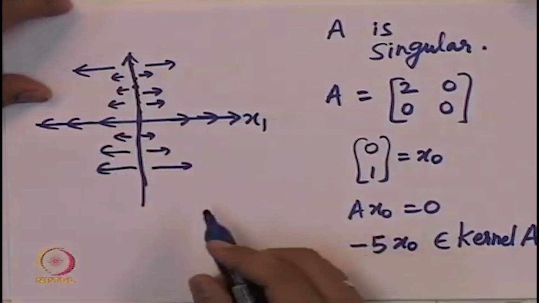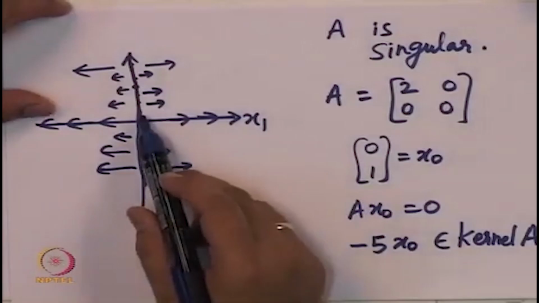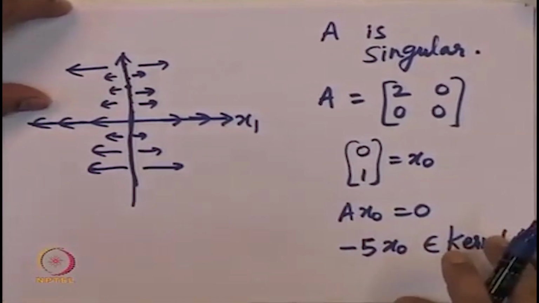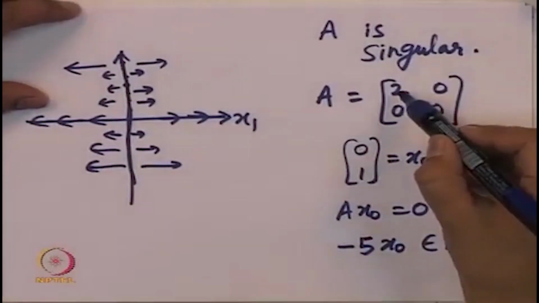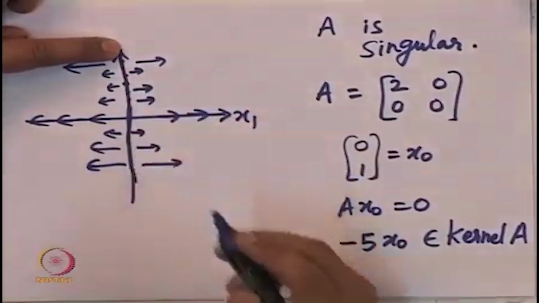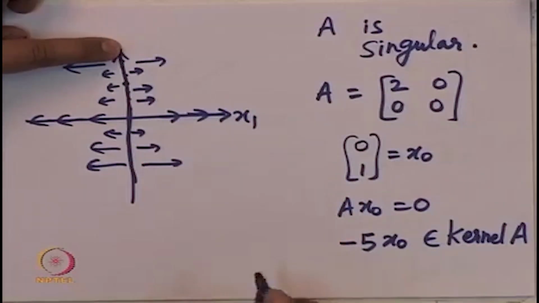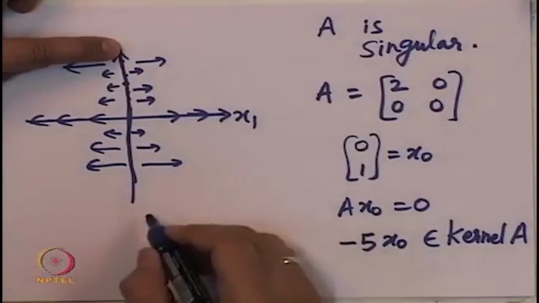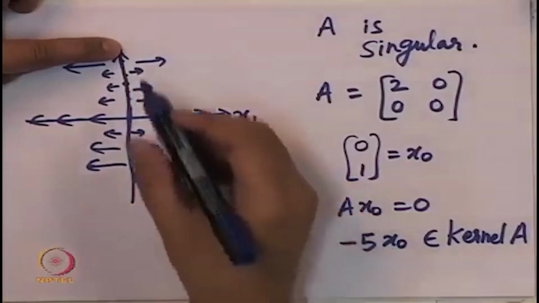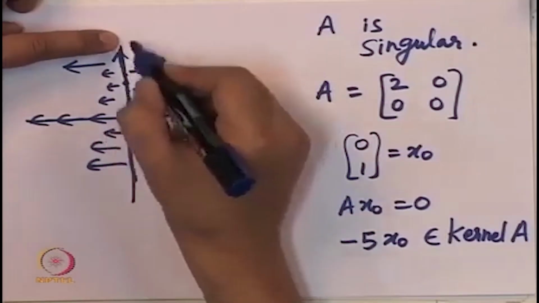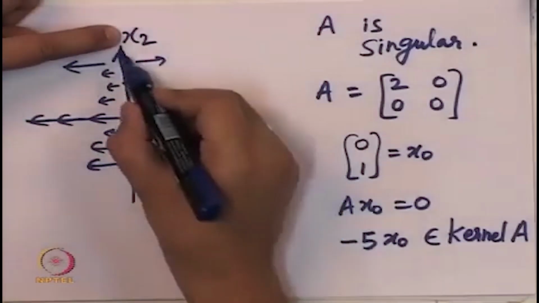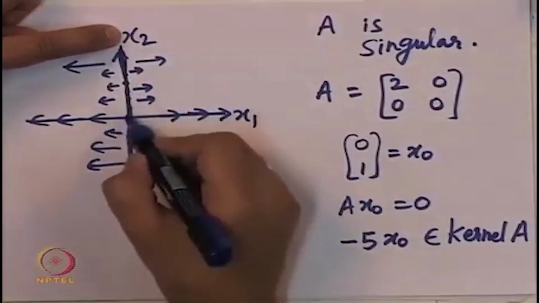So if the x1 component is non-zero, then we see that the trajectories are having their x1 component increasing as a function of time, increasing with exponent equal to 2. But the x2 component is always going to become equal to 0 when A multiplies it, and hence we see that these arrows are all parallel to the x1 direction first of all, and secondly along the x2 axis, because x1 is equal to 0 along the x2 axis, all these points are equilibrium points, they form a connected set.